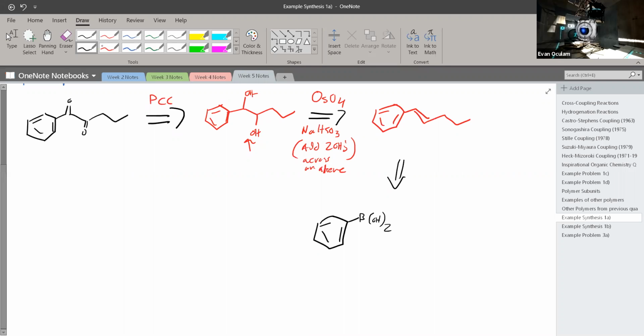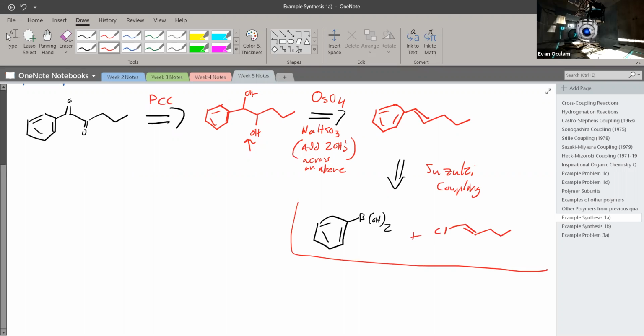Then we know that our last reactant will just have to be some Cl. It could be Br. And again, we count the carbons: 1, 2, 3, 4, 5. This entire sequence, going backwards, is our total synthesis.